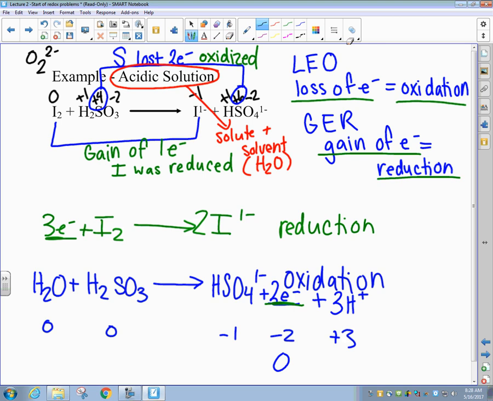So in this case, with 3 and 2, they both go into 6. So I would have to multiply this entire thing by 2 and this entire reaction by 3. I'd end up with the correct number of electrons, and then I'd combine my half reactions. Now, in this example, I don't have to do that because we already had the same number of electrons. So I'm going to go ahead and erase that and get back to our current problem.